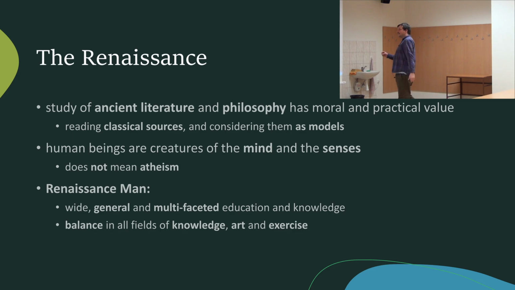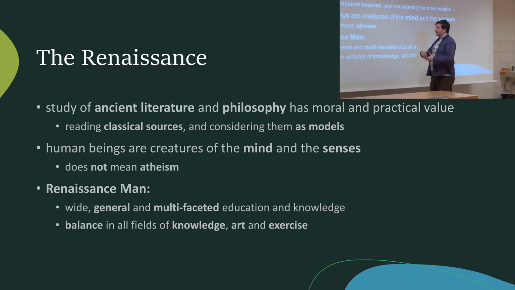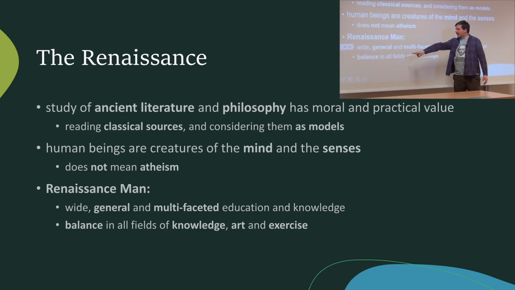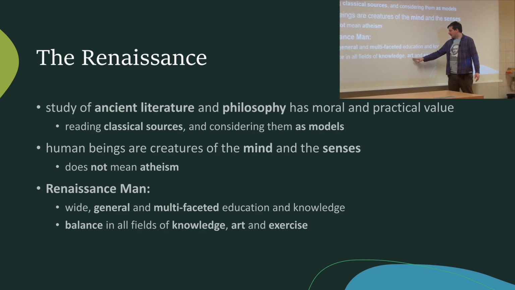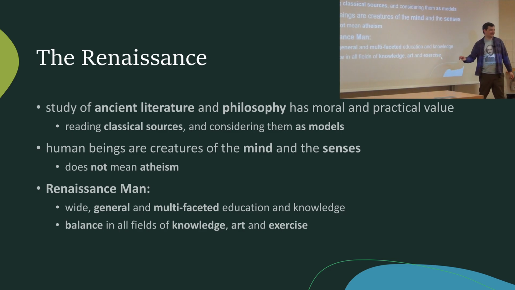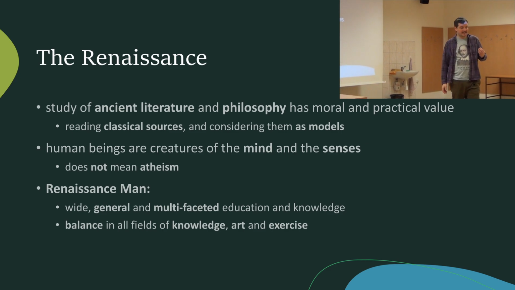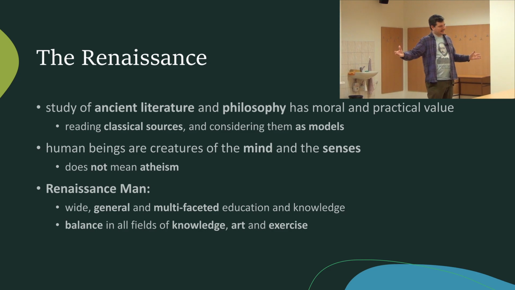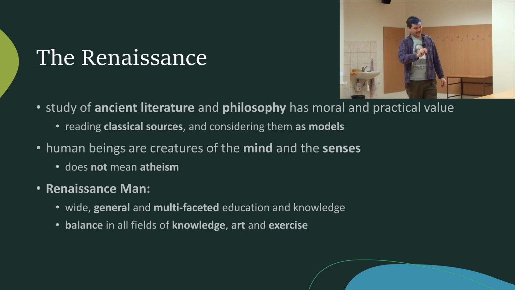But anyway, this idea would be that you have a really general education, and not only that, but you would actually have a balance between knowledge, art, and exercise. So the Renaissance ideal was that you would be very well educated in many, many different things, in fact, as many as possible, and also good at art.